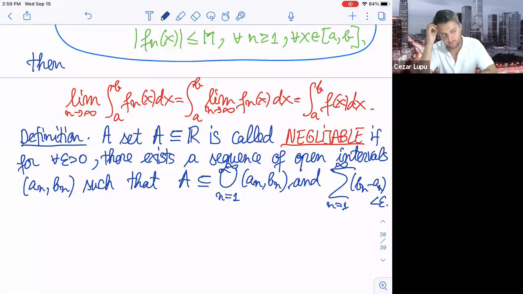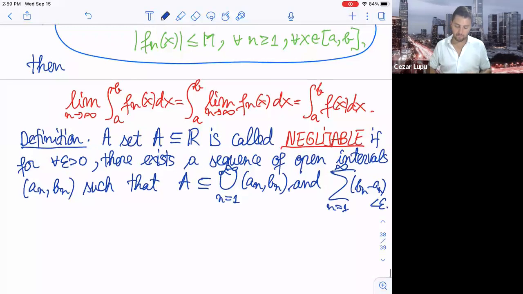This is actually a pretty standard exercise in real analysis, so I'll not go into that. But there exists this important theorem, which says that if I have two integrable functions, let's say f and g, and they're equal for all x except on a negligible set, then their integrals are equal.